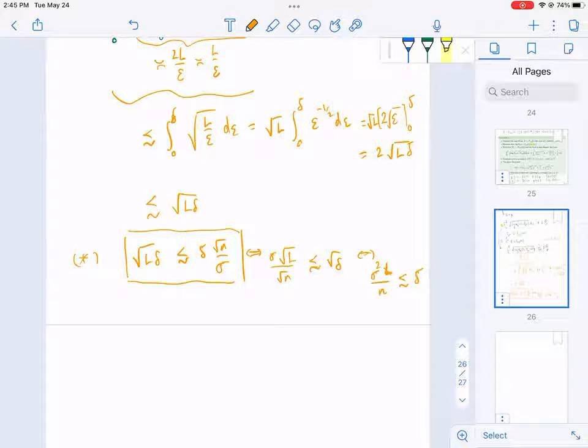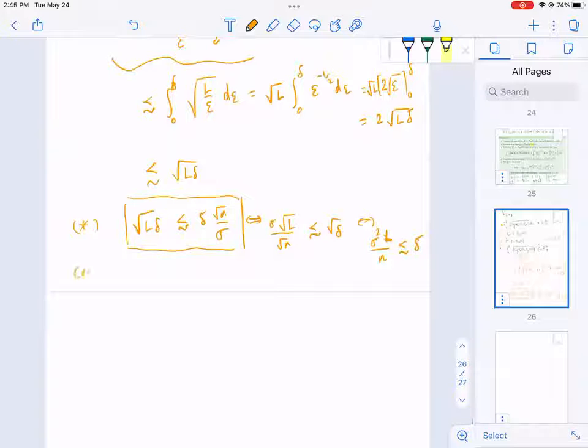Okay, so the delta has to be bigger than this, so the smallest is, up to constant, equal to this. So that critical radius delta n is at most this because it's the smallest. That's the critical radius: sigma squared L over n.